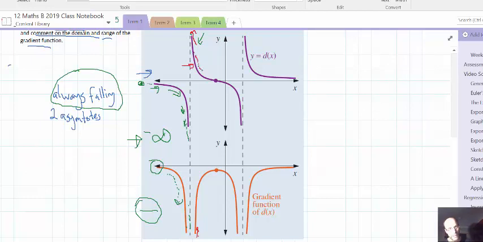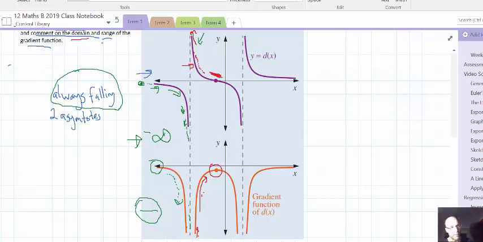Here, its gradient is negative but becoming less so, and that's why the gradient function is getting less negative. It's heading towards that axis, but it doesn't quite reach it. That's not a horizontal inflection. You can see that there's a slight slope, so it is a small negative value there for the gradient function. The same behavior occurs for the second asymptote as for the first one.